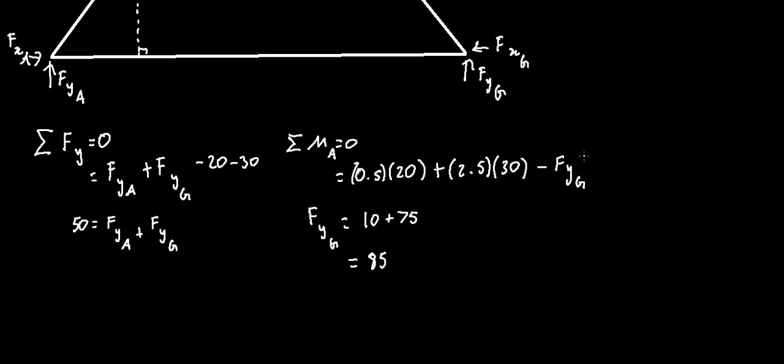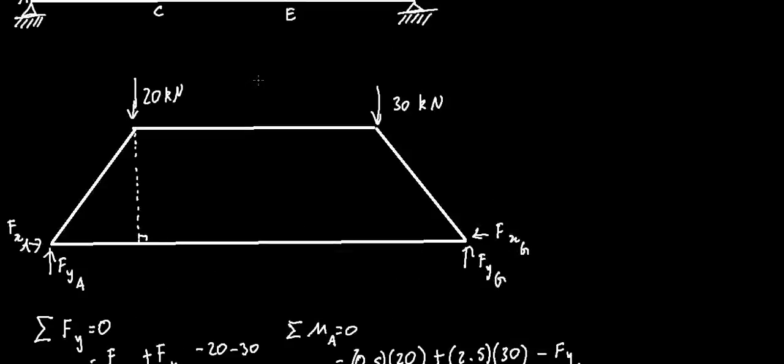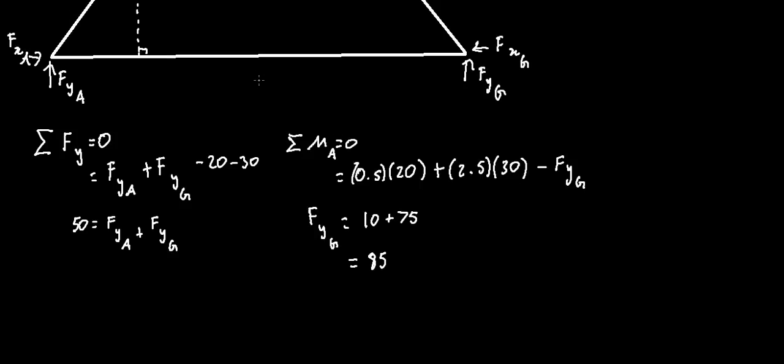My apologies. The mistake that I made is that it's Fyg multiplied by the distance, so this total distance, which is equal to 3. So Fyg times 3, right? Moment is equal to force times distance. So we end up with 3 Fyg is equal to this, which is equal to 85.